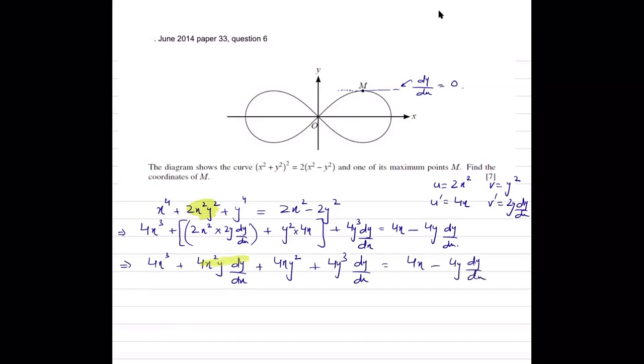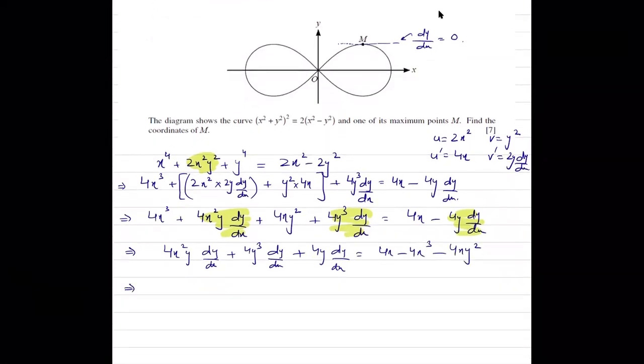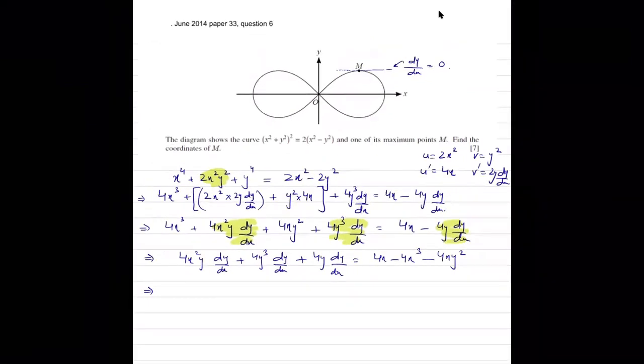I'm going to collect all the dy by dx terms together on the left hand side. 4x square y dy by dx plus 4y cube dy by dx plus 4y dy by dx equals 4x minus 4x cube minus 4xy square. Okay, you can take dy by dx common and divide the rest of the thing on the right hand side.